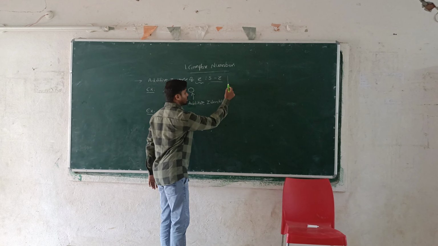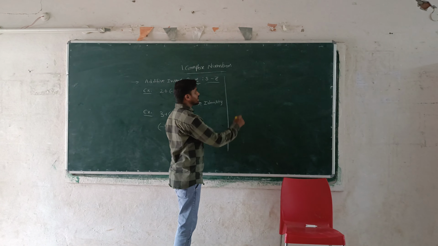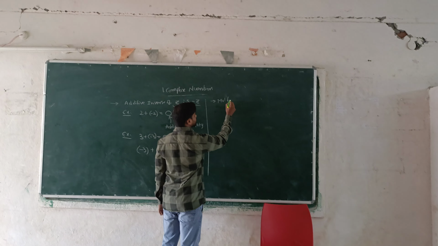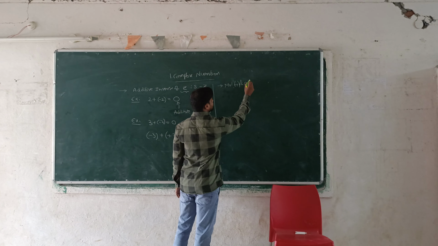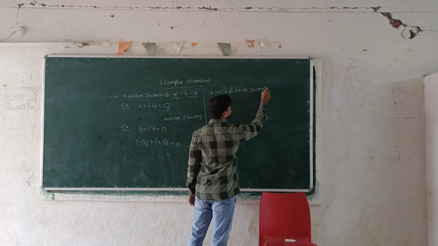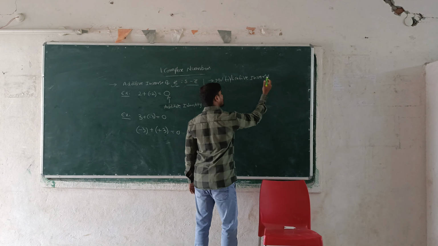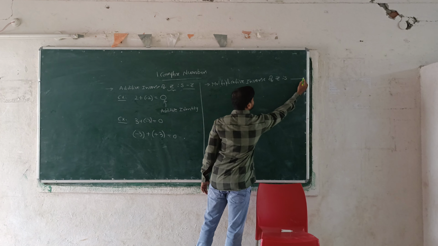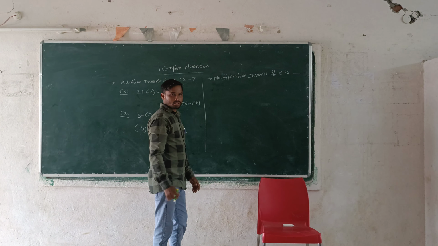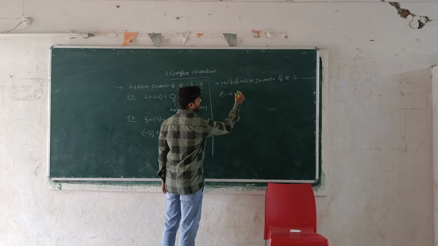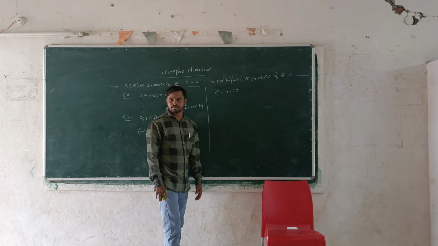Right. Next, the multiplicative inverse. The multiplicative inverse of z: we will see here. z is equal to a plus ib, a complex number.